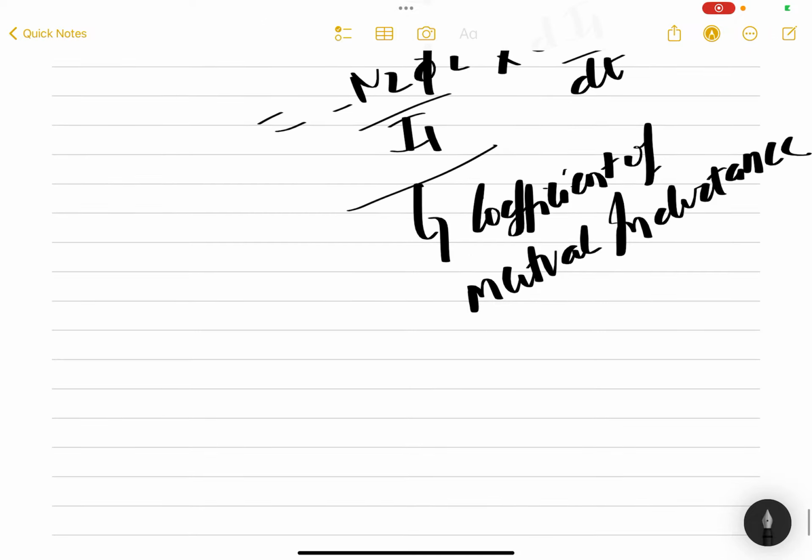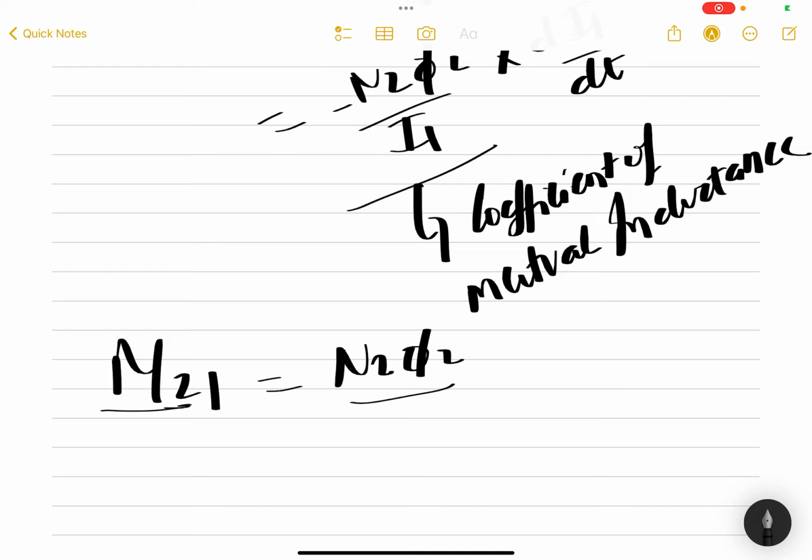Hence we can write it as M21. In simple words, M21 is the mutual inductance of coil 2 due to coil 1. So M21 is the coefficient of mutual inductance, that is N2 phi 2 upon I1.